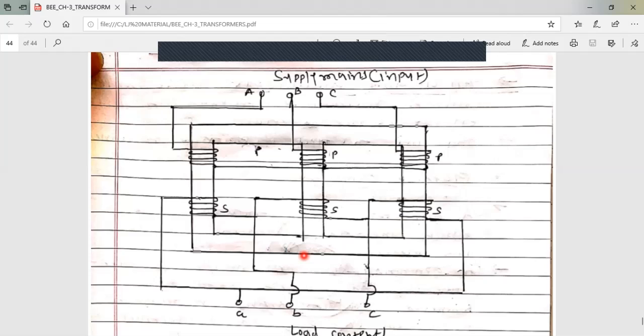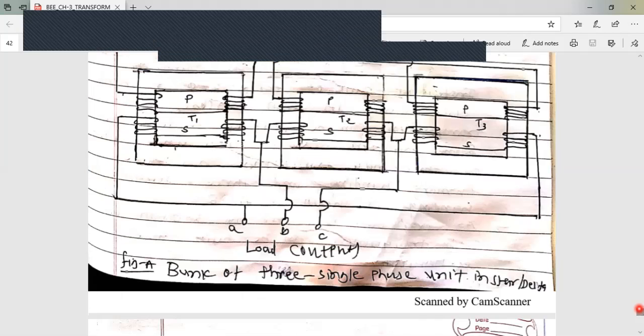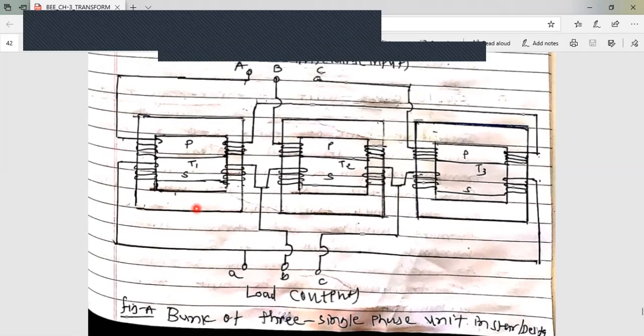In this figure, we can see that, as in the bank of three single phase unit transformers in the above figure, this core is different, this core is different, and this core is different.